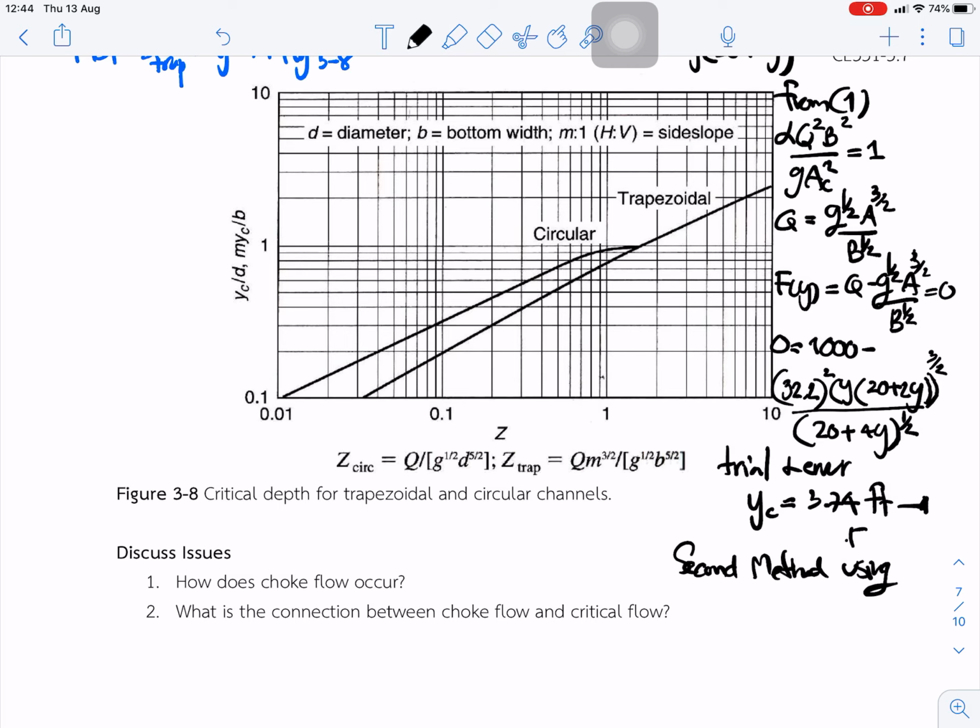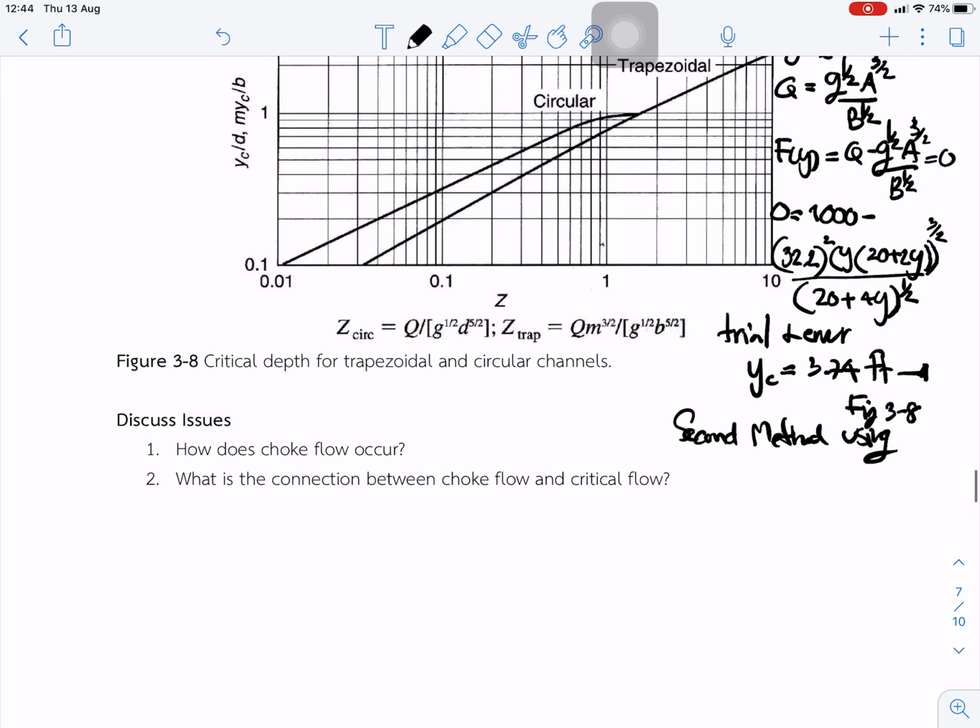That is the first method. The second method, we use figure 3-8. We estimate the Z trap from the base equation from Q and the term with the depth, alpha over g, B to the power 5/2, and we got about 2.8.